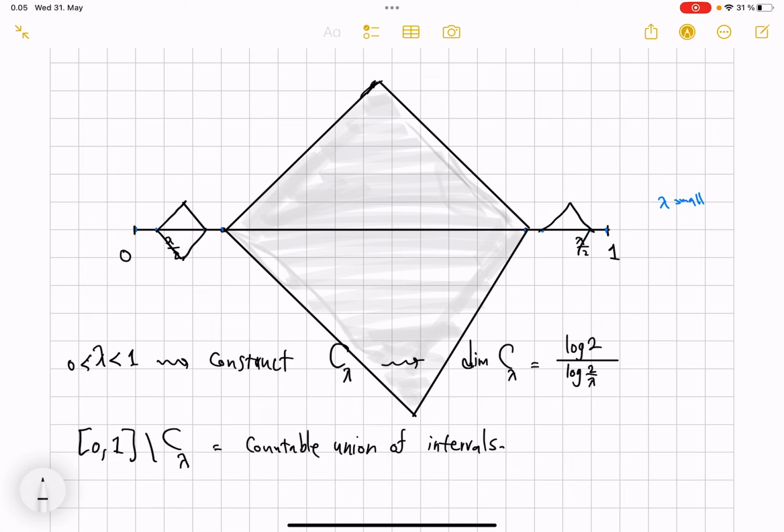So you will have 2 of them, and in the next step, there will be tiny ones removed from between here, and there will be 2 to the power 2, 4 of them, and then you repeat this construction forever. So this way, you will have what is called a Cantor diamond. So it's a countable number of diamonds on this interval 0, 1, and there's also the closure of them.